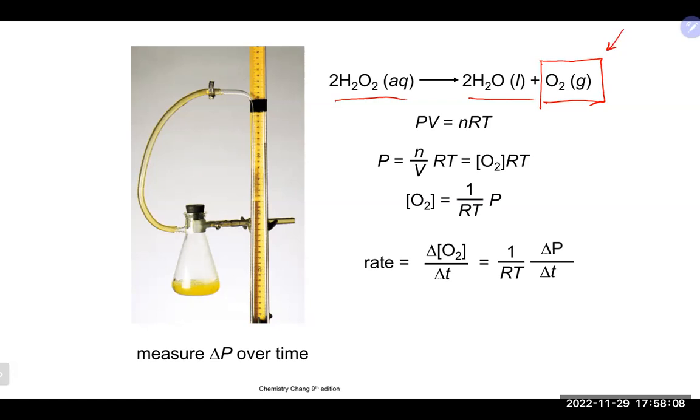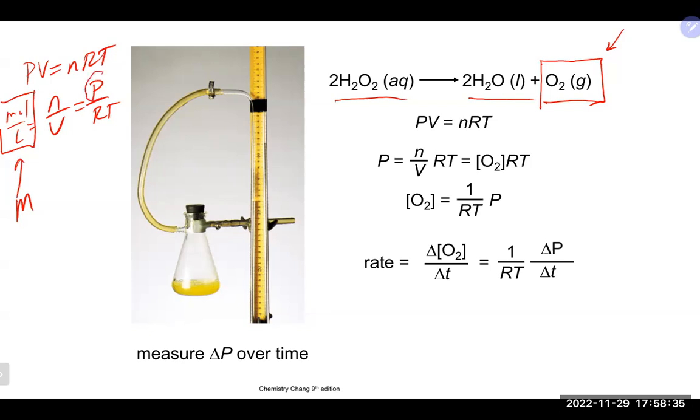So we could use the ideal gas law there, like what we talked about when we were talking about gases: if you solve for n over V, that equals P over RT. And remember that when you solve for n over V, that is basically moles per liter, which is basically molarity.